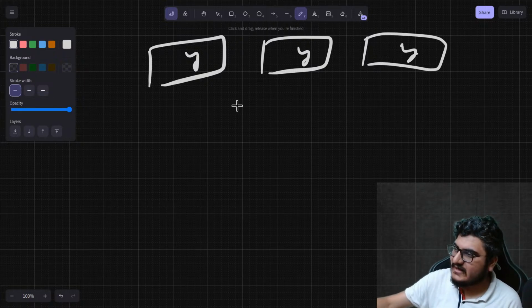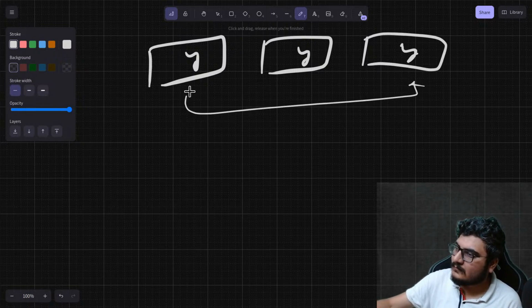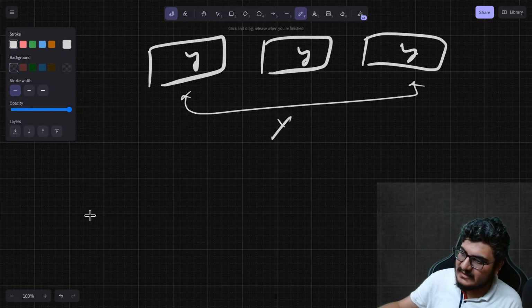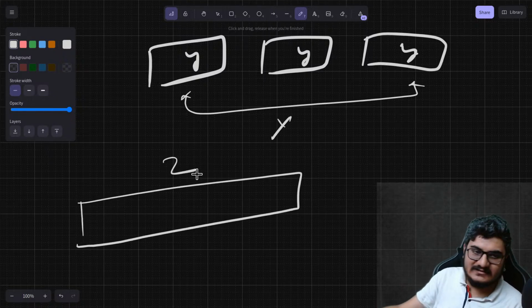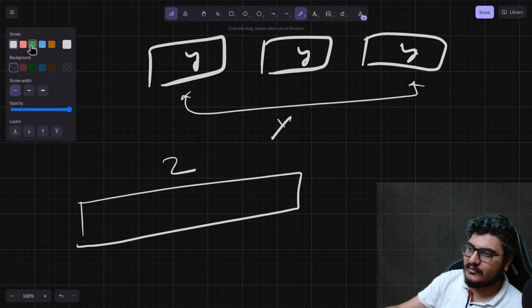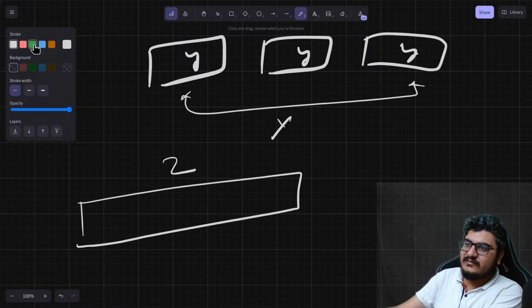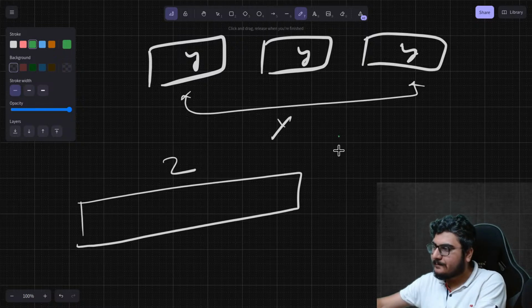We have such X accounts, and in the bank we can only keep Z rupees. And it asks us how many accounts should we remove from here. First thing first, let's find how many bank accounts we can keep.